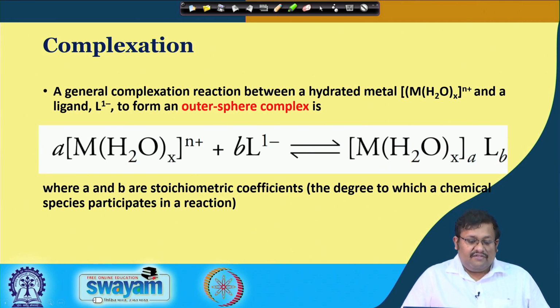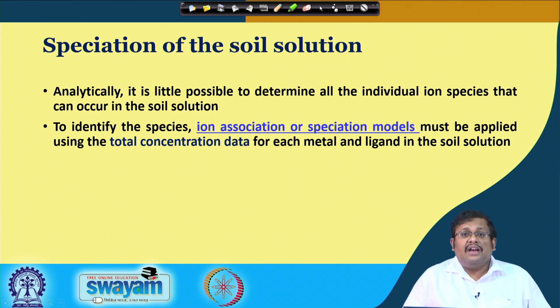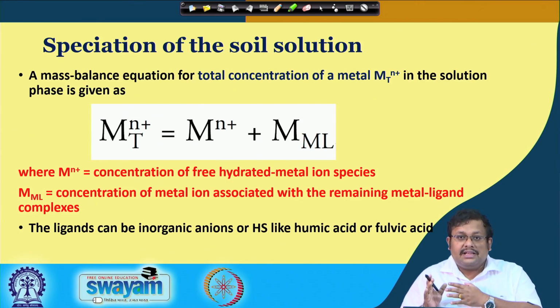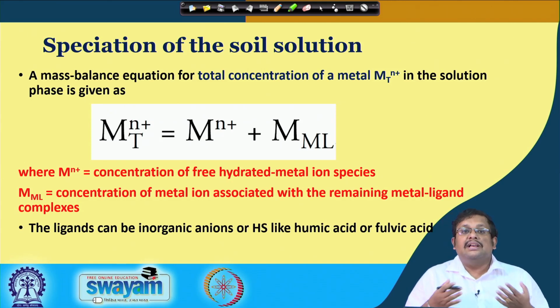We have discussed this reaction, and then we talked in detail about speciation. That means a mass balance equation for the total concentration of metal ions in the soil solution can be given as a summation of the concentration of the free hydrated metal ion species as well as the concentration of metal ion associated with the remaining metal ligand complexes.